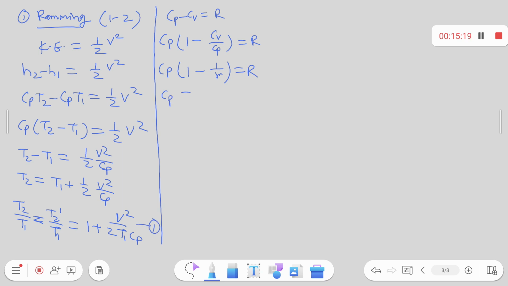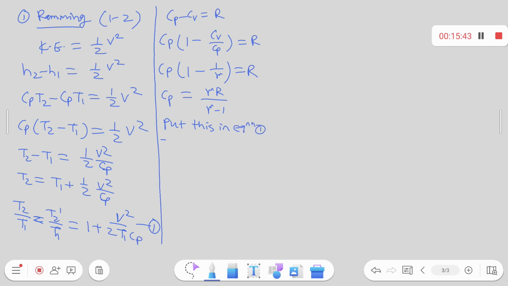So Cp is equal to gamma into R divided by gamma minus 1. Right? So put this value in equation 1. Put this in equation 1. Okay?